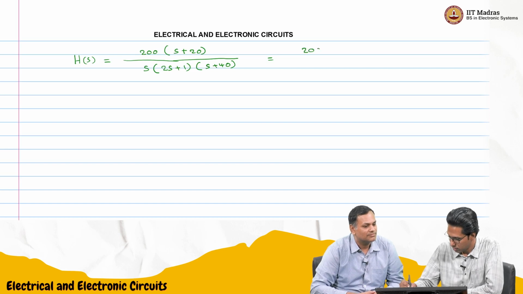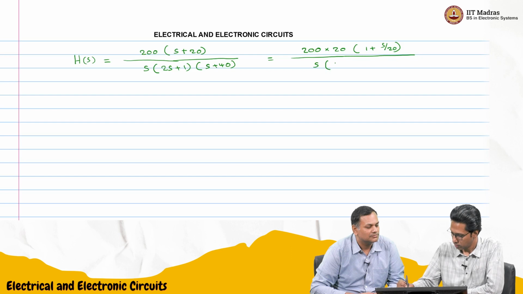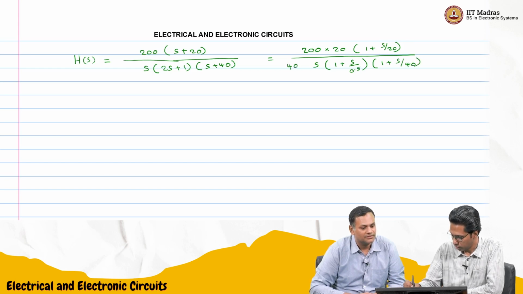I'll take the 20 outside, so we get 1 plus s by 20, and then 1 plus s by 0.5 into 1 plus s by 40. So I should bring the 40 out.